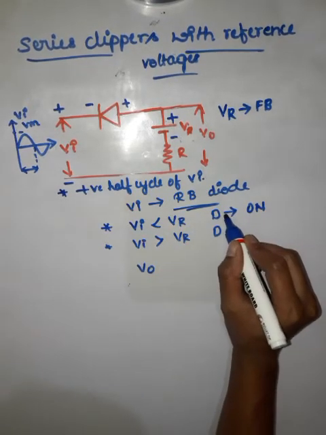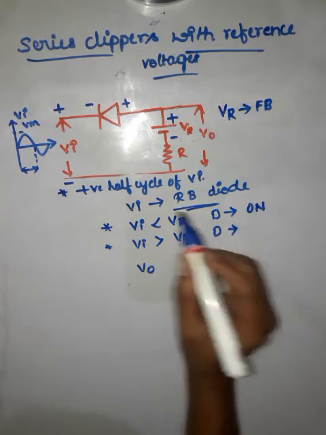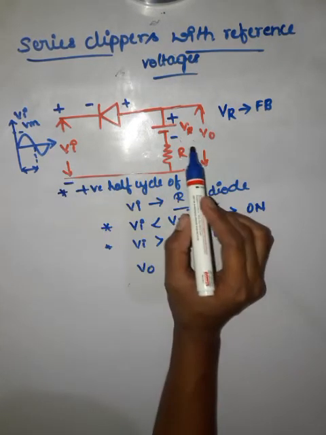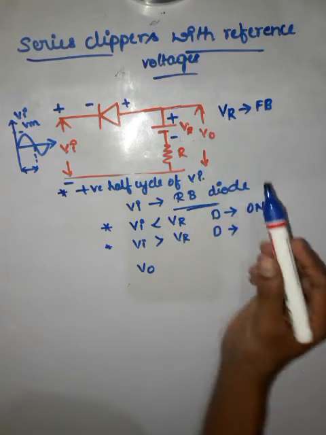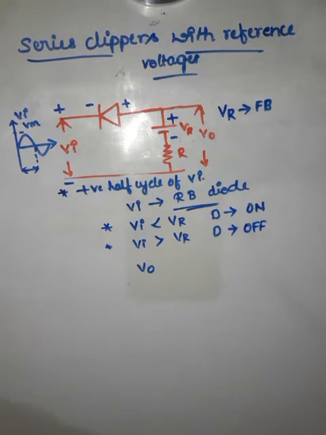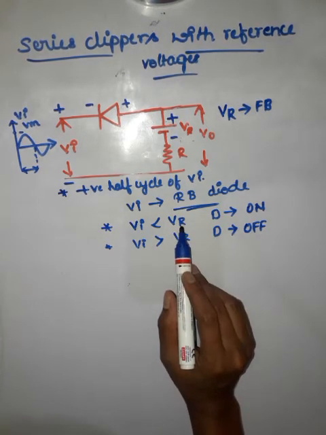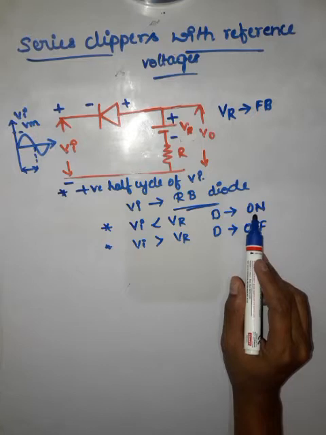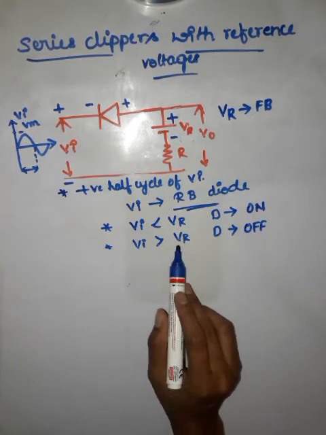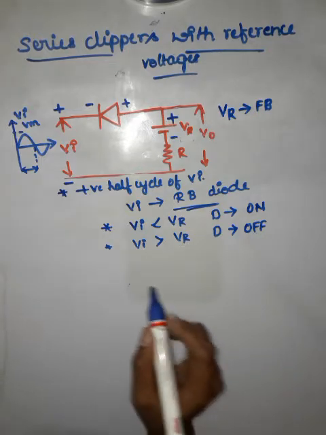Whenever the input voltage is greater than the reference voltage, the diode will be in the off condition. So as you know, in the positive half cycle only, we are going to have two conditions. When the input voltage is less than the reference voltage, the diode will be on. When the input voltage is greater than the reference voltage, the diode will be off.